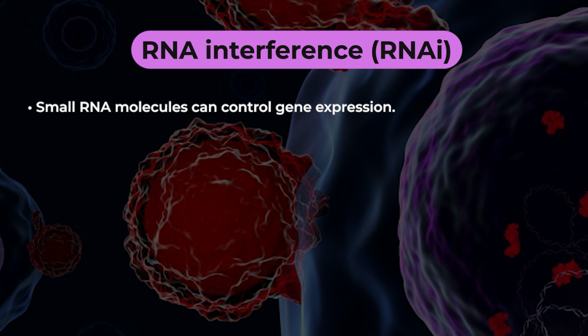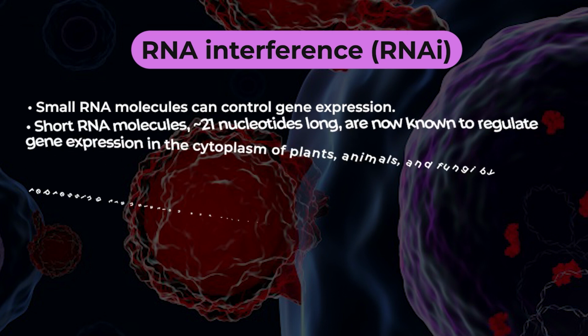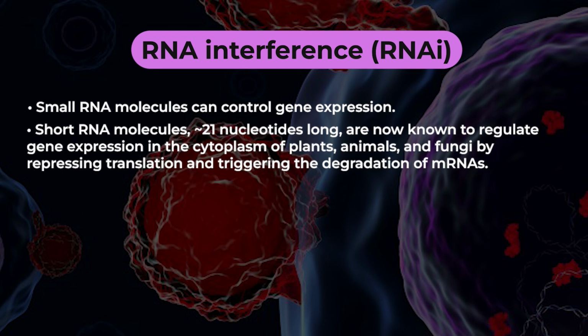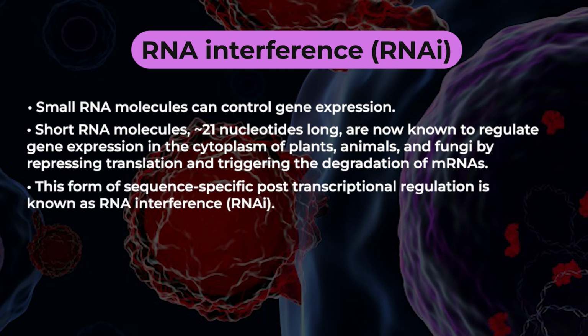These small double-stranded RNA molecules are around 20 to 25 nucleotides long and are known to regulate gene expression in the cytoplasm of higher plants, lower plants, animals and fungi by repressing translation and triggering the degradation of mRNA. This form of sequence-specific post-transcriptional regulation is known as RNA interference.